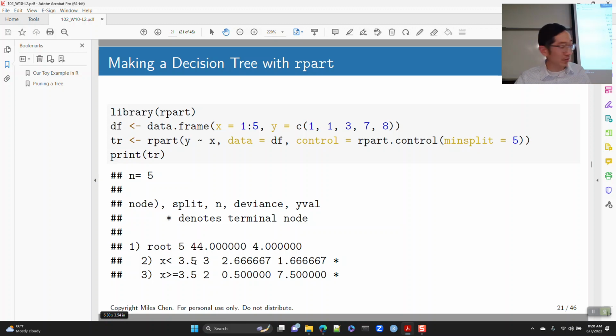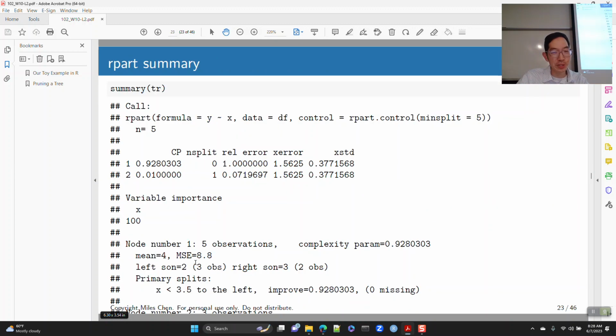This is a very small, trivial tree here. You could also call summary on your resulting tree. This first column is the complexity parameter.